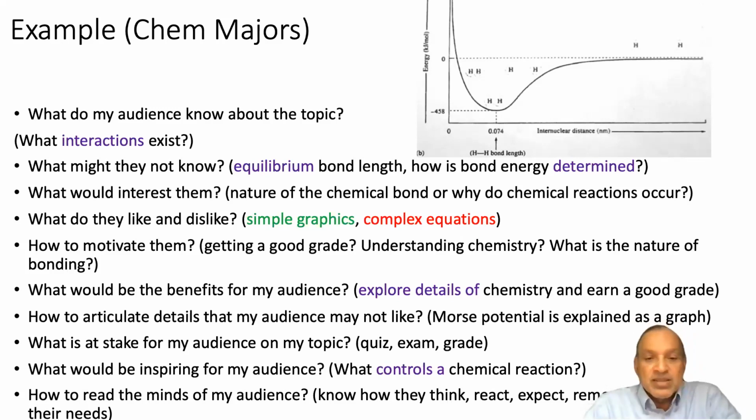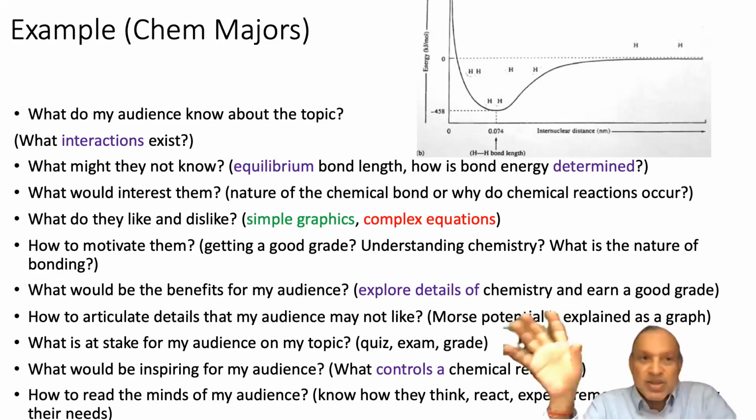So how to read the minds of my audience. Again, we talked about that. As you can see, based on your audience, their interests, dislikes, and the level of their expertise, you write the document differently. You cannot write the same thing and give it to everybody, okay? So this is how a good communicator will tailor the document to their audience, and I do this all the time when I give a talk at other departments.